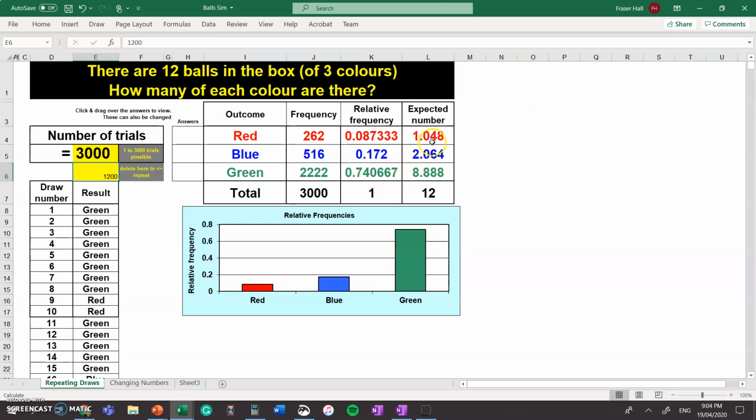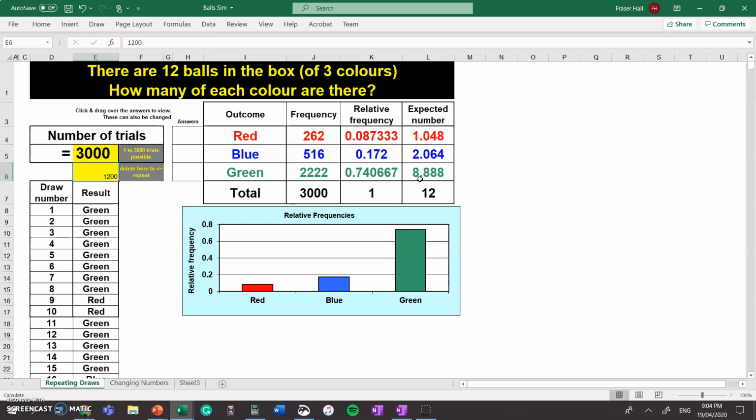And if I'm rounding, because we can't have part of a ball, it must be 1 red, 2 blues, and 9 greens. So you can see by simply using relative frequencies and expected numbers, we've been able to work out something without actually knowing what there is inside the box.